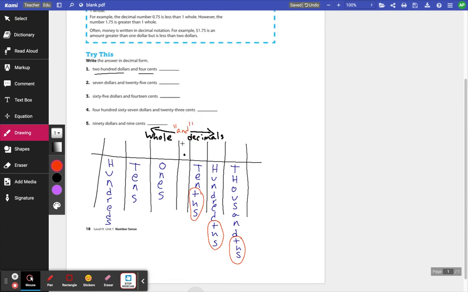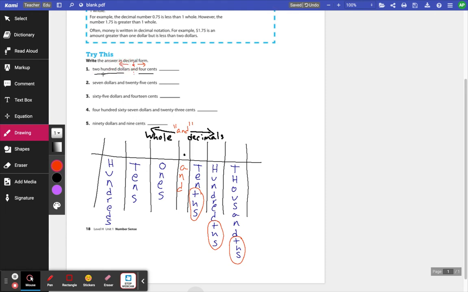So whenever you see the word and in a sentence, or you hear the word and, that means there's a decimal there. So when we hear $200.04, we know that there's going to be a decimal place right there. So that is where our numbers will be split up. So we know that the 4 cents goes on the right side of the decimal, and the $200 is going on the left side.